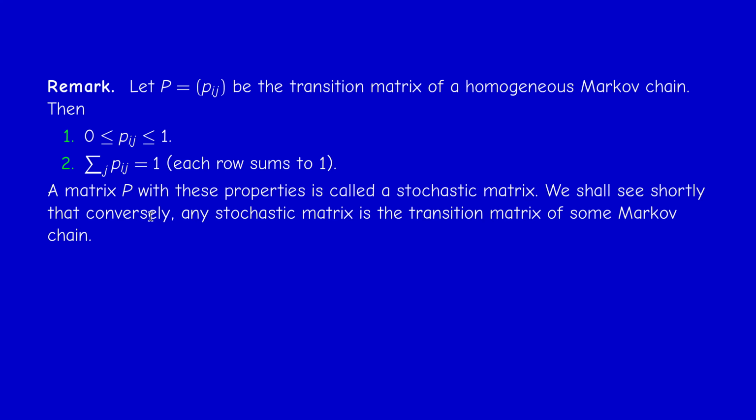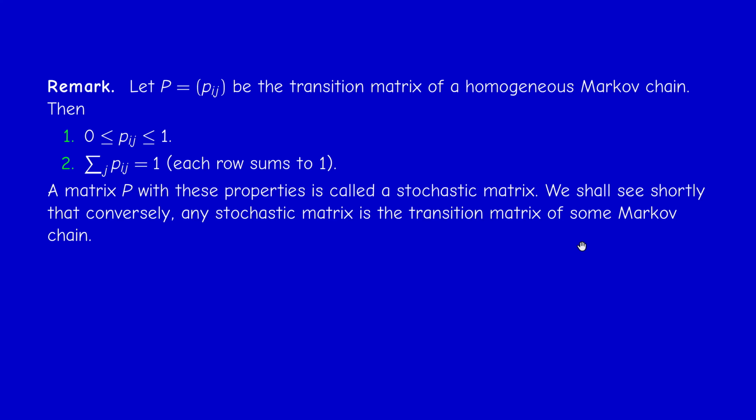So we know that because these are probabilities, the transition matrix of a Markov chain is stochastic. But you shall see the converse as well: every stochastic matrix is the transition matrix of some Markov chain. This would be the 3rd result of this video.